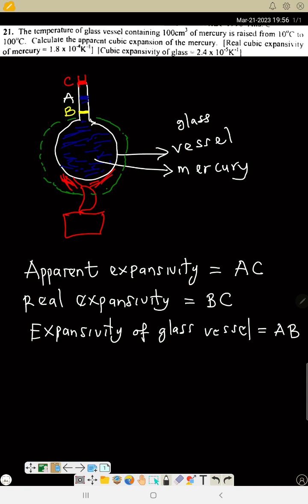So if you combine these three now, it means real expansivity is equal to the expansion of the vessel, so expansion of glass vessel, plus the apparent expansivity.